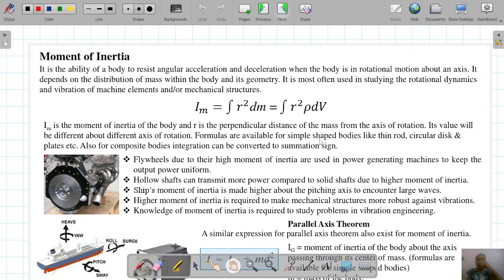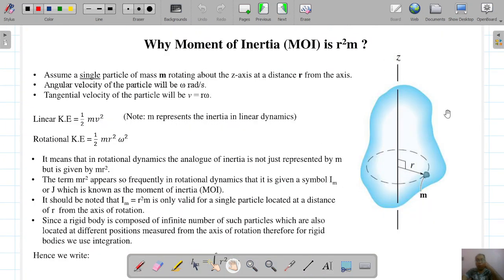If I go to the next slide, if this is the body, this is our unique axis, and this is the mass m, and this is the perpendicular distance from this axis, r. So r squared multiplied with the mass will give me the moment of inertia of that body about this specific z axis.